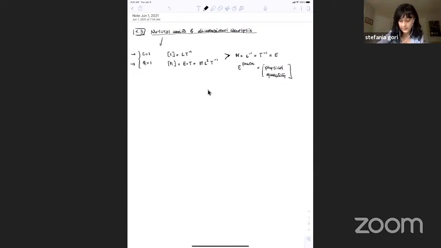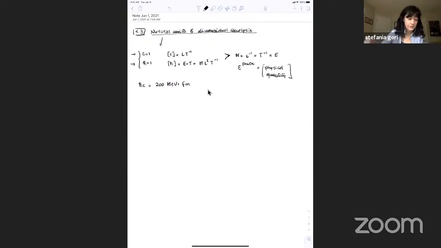One relation that is quite useful, that is used a lot of times in phenomenology, is to remember that h bar c is equal to 200 MeV times a femtometer. Sorry, a femtometer, not a femtobar.